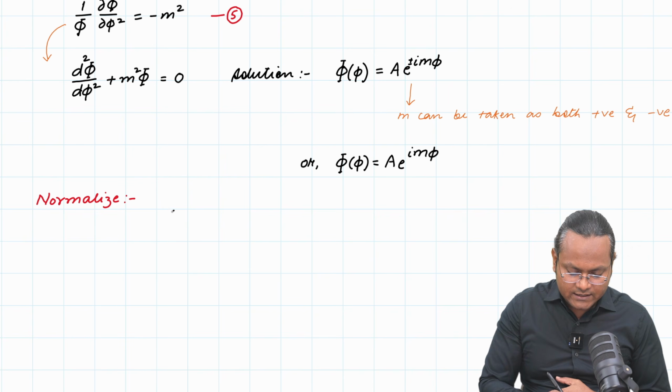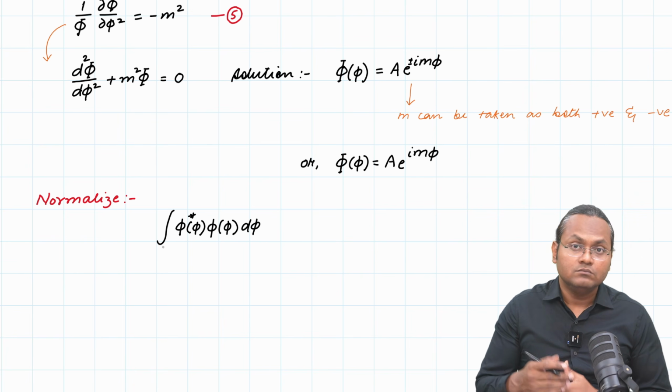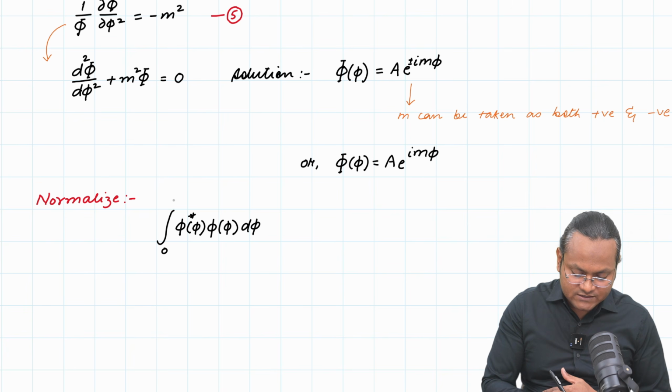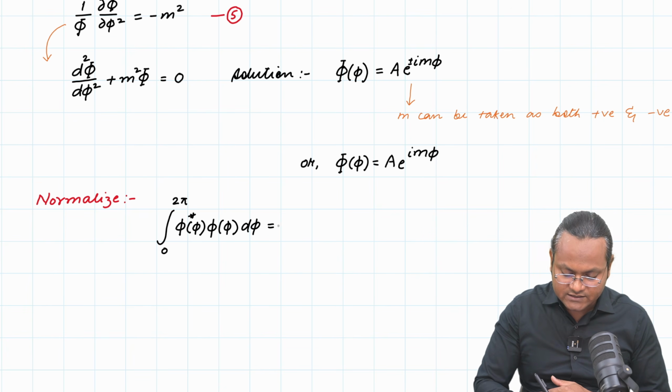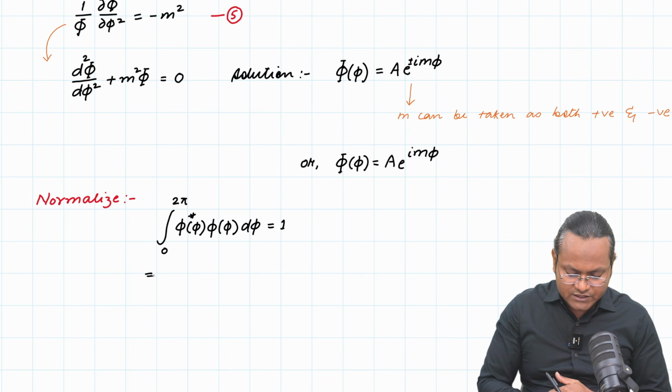So if I take phi function, complex conjugate phi, and integrate with respect to the variable phi from 0 to 2 pi, because that is the bound or the range of phi here, and this is equal to 1, this calculation will give us the value of the normalization constant.